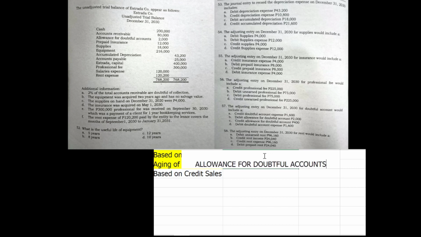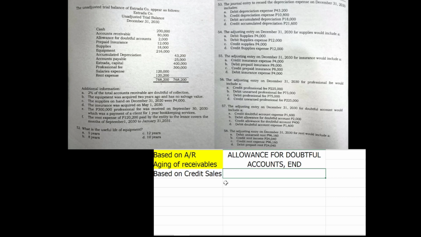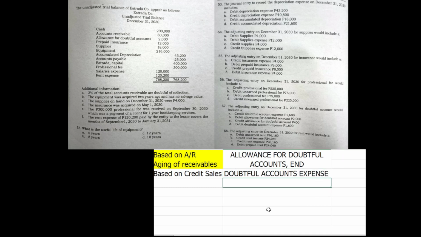Paki-take note, yan, allowance for doubtful accounts na end. Pero kapag naka-based on credit sales, yung ating provision, yung ating pag-estimate, yung makukuha natin na amount doon is doubtful accounts expense. So, magbibigay muna ako ng example para hindi kayo nalilito.